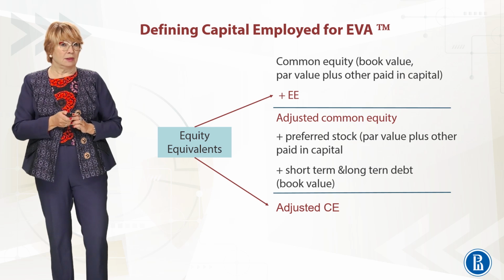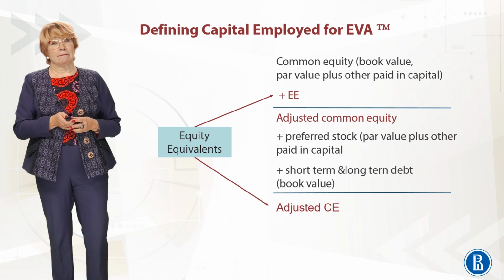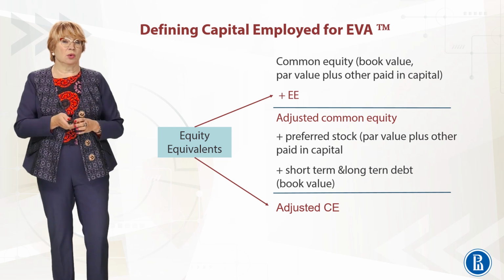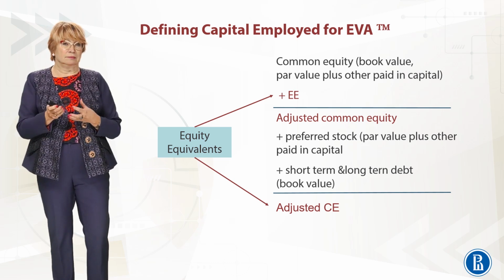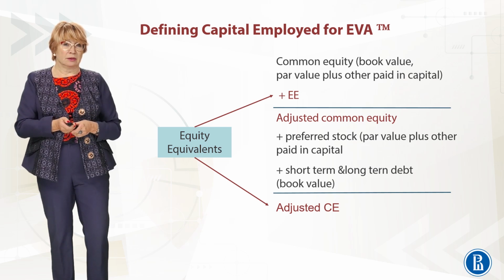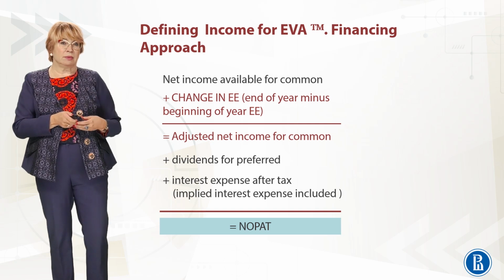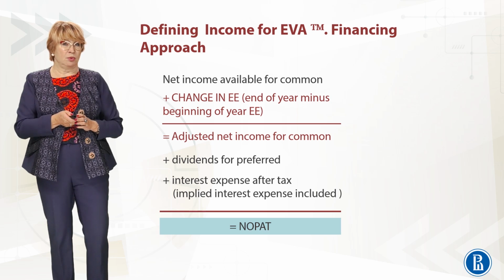We already discussed them. Look at how it should look when rewriting the liability and capital side of the balance sheet. And it looks this way when you are computing your net income for the purpose of EVA calculations.